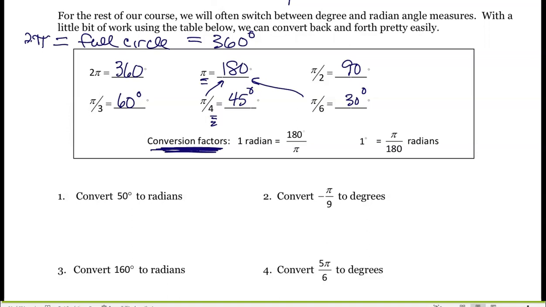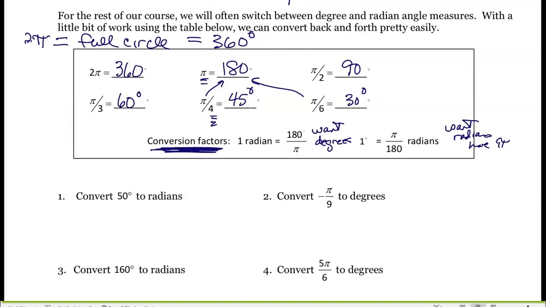Okay? If you want degrees back, have degrees in the numerator. If you want radians, have pi in the numerator.